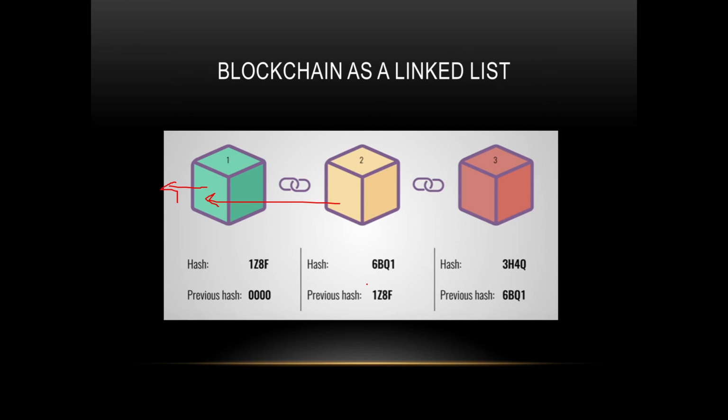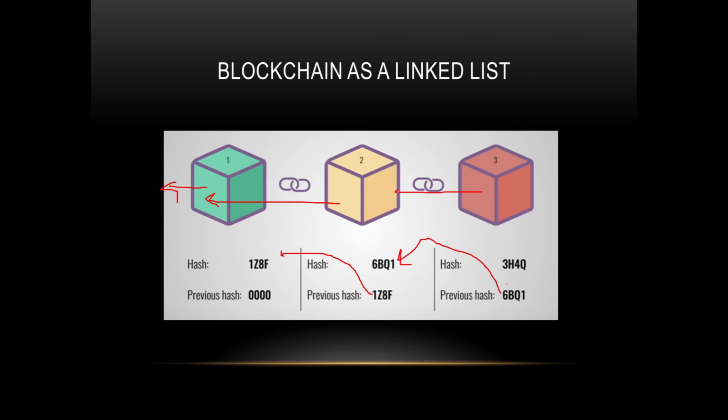So that's why this previous hash is equal to this hash. Next, this block's previous hash is equal to this, so now this block points to this.